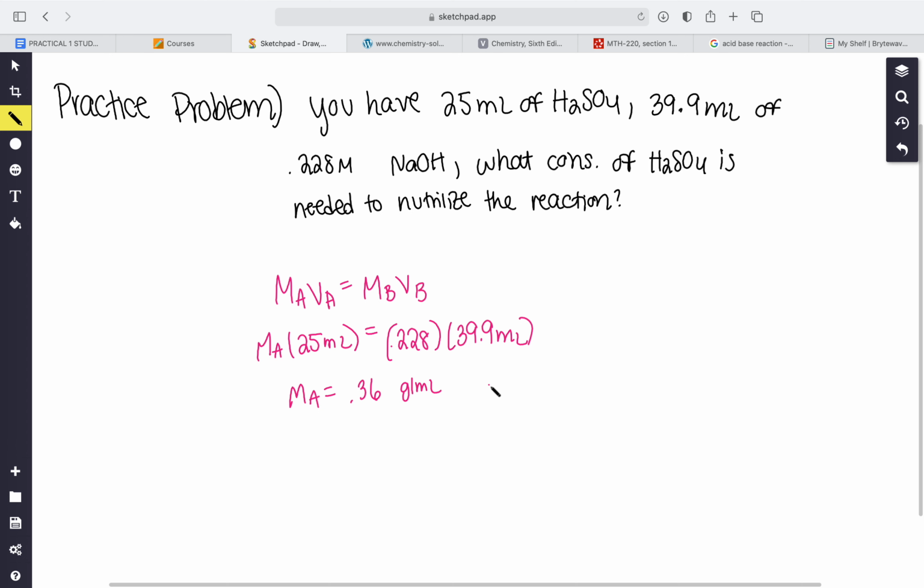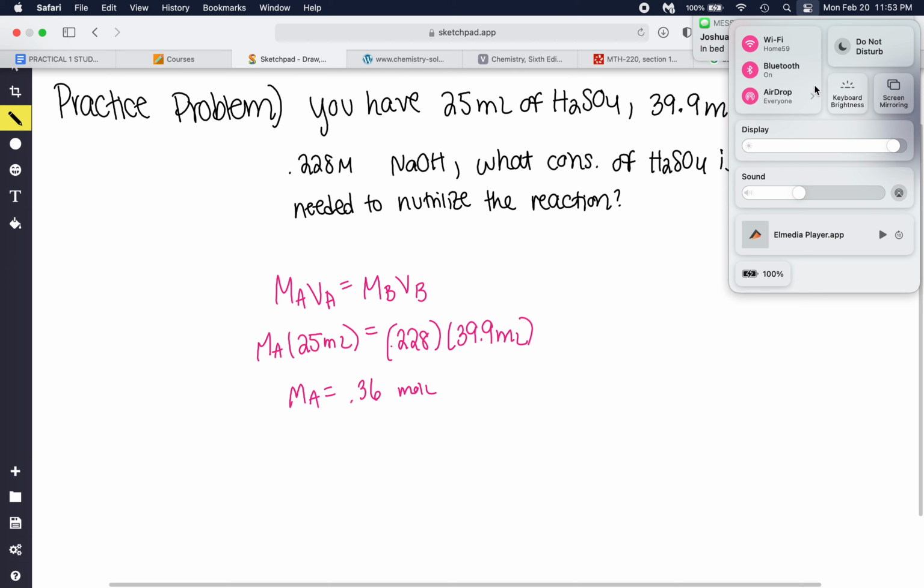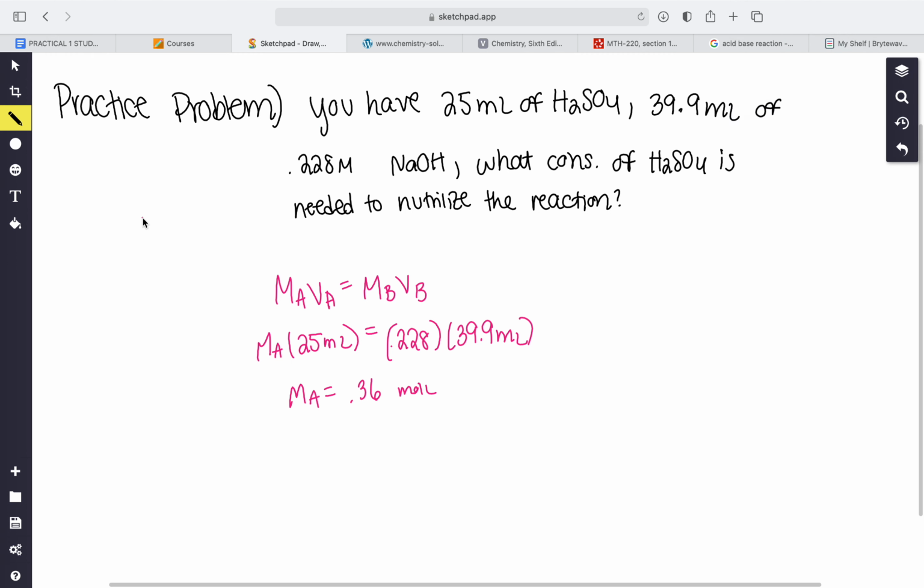Guys, no, that's bad. It's moles per liter. But again, that doesn't matter necessarily. So that is 0.36 moles per liter would be needed, right, if this was a 1-to-1 ratio.